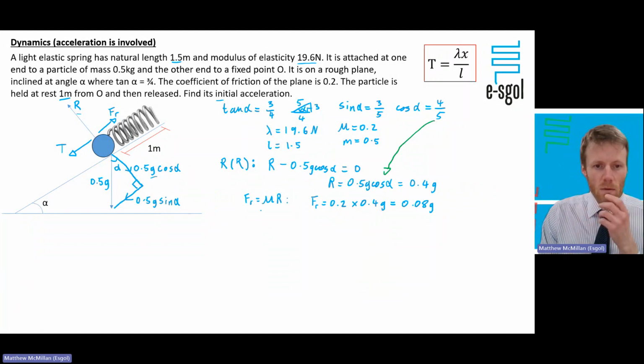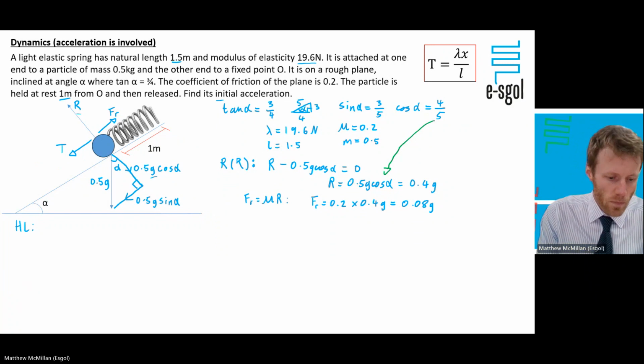Now, there's a few other things we want to think about. We want to think about resolving forces parallel to the plane, and we want to think about Hooke's law. It doesn't really matter what order you do it in, because eventually you might get stuck in one bit and you just need to find the other part of your problem. I'm going to start by dealing with Hooke's law.